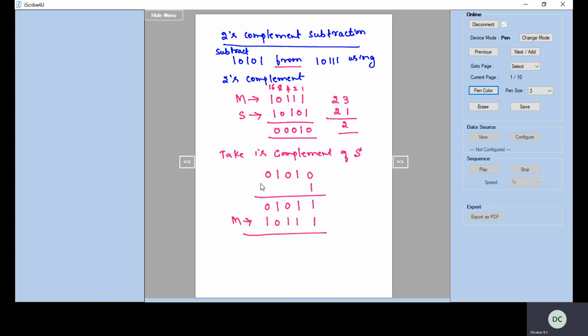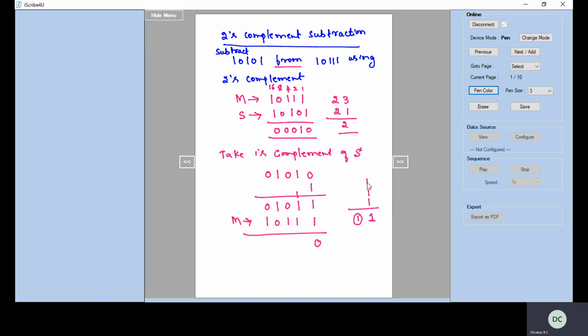Perform the addition. 1 plus 1 is 0 with a carry of 1. Important: when you get three ones, the sum is 1 and the carry is 1, because first we add two numbers. 1 plus 1 is 0 with a carry of 1. So this is the carry we have considered, and the remaining number is 1.